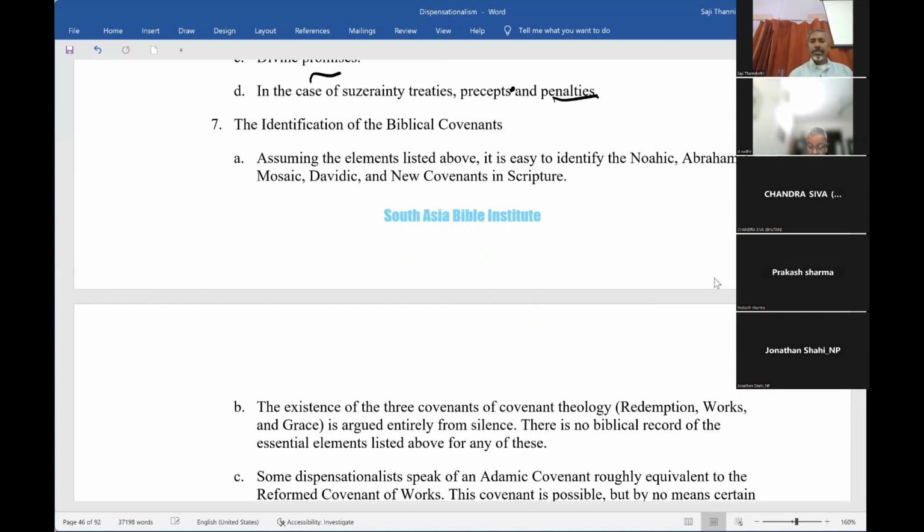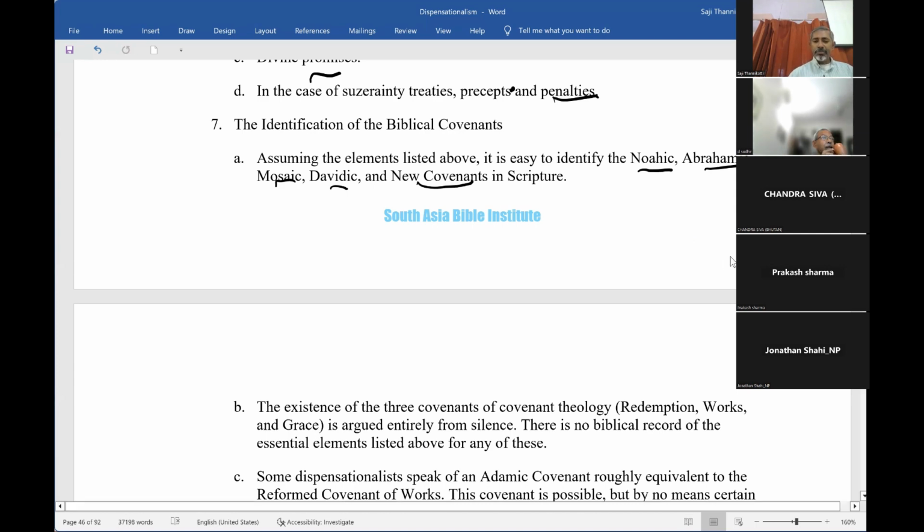All right. So what are the covenants we need to look at? There is the Noahic covenant, the Abrahamic covenant, the Mosaic covenant, the Davidic covenant, and the New Covenant. So there is a good number of covenants in the Bible.